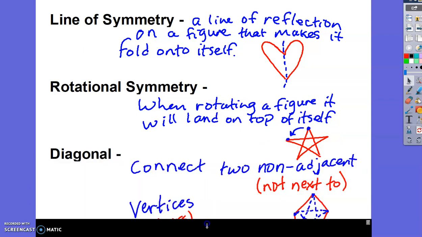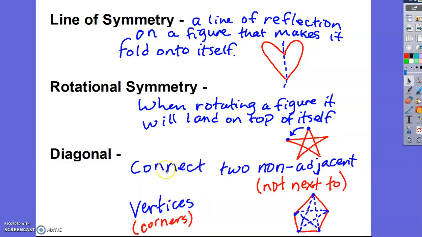Lastly, we have diagonals, and this is when we connect two non-adjacent, which adjacent means next to, so non means not next to, and then vertices or corners. So as you can see, I've drawn a pentagon. That's a five-sided shape, and these are all diagonals.